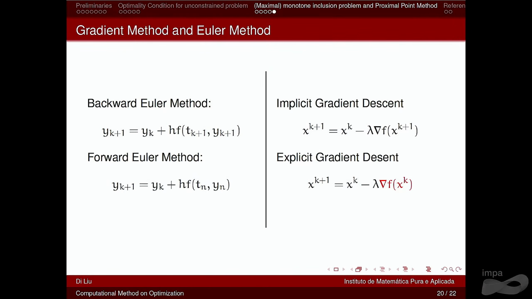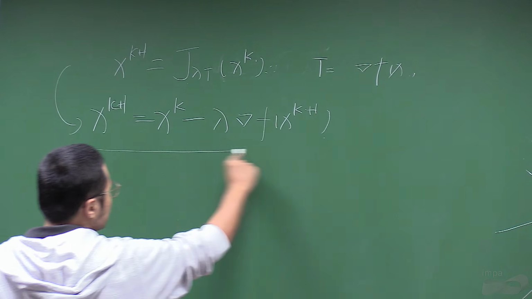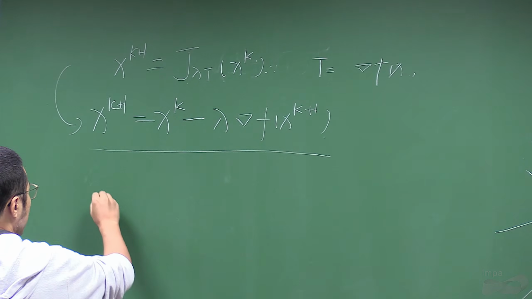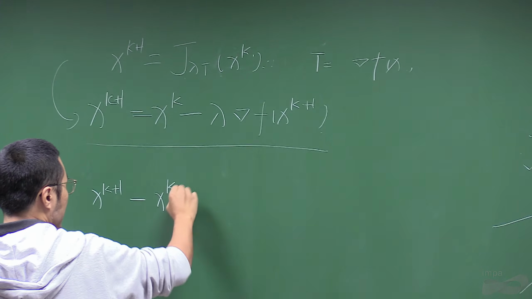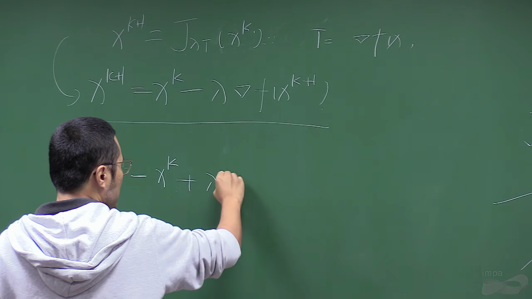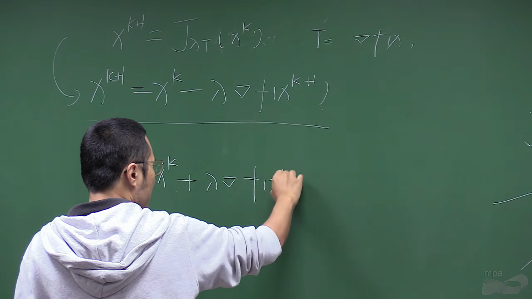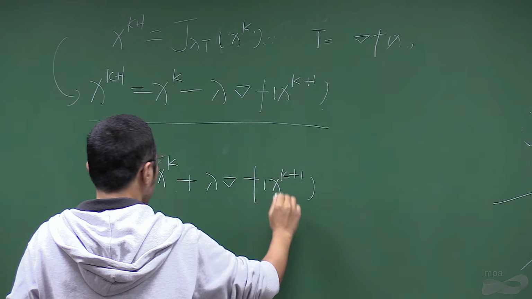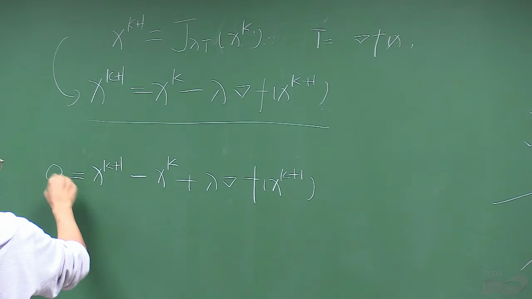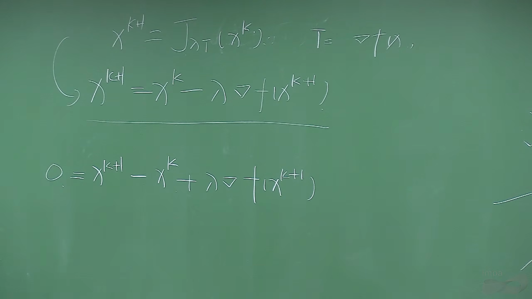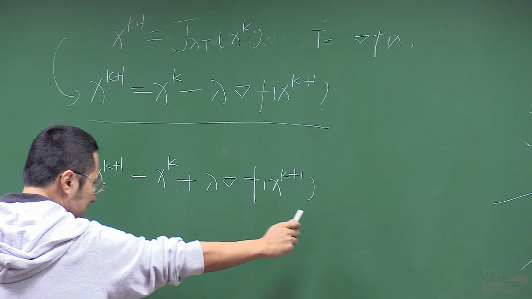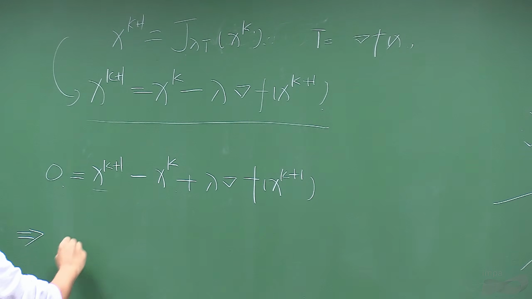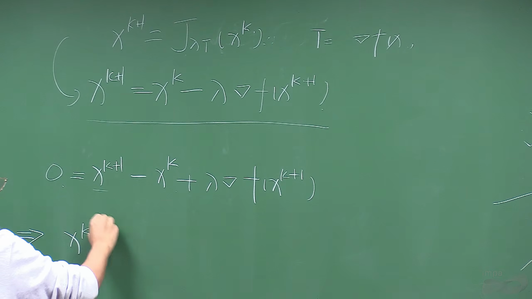If we rewrite this iteration, xk plus 1 minus xk plus lambda times the gradient of f at xk plus 1 equals 0.